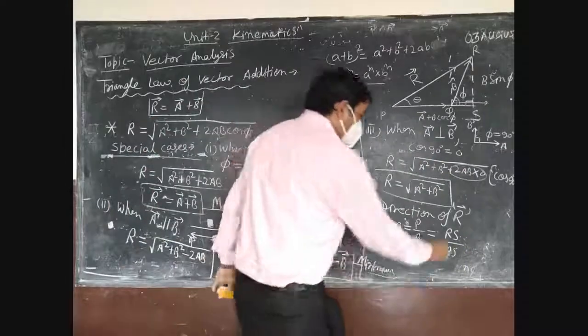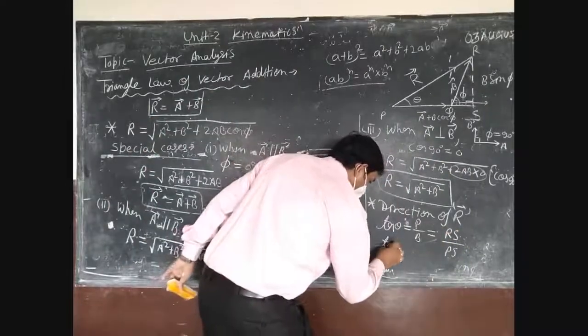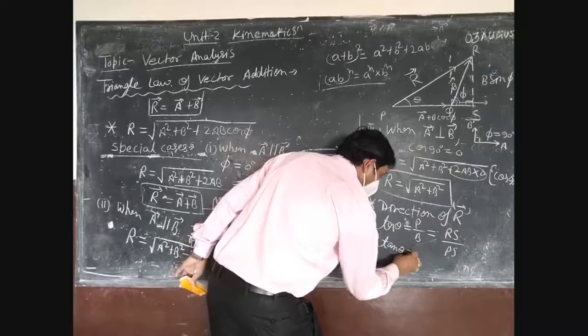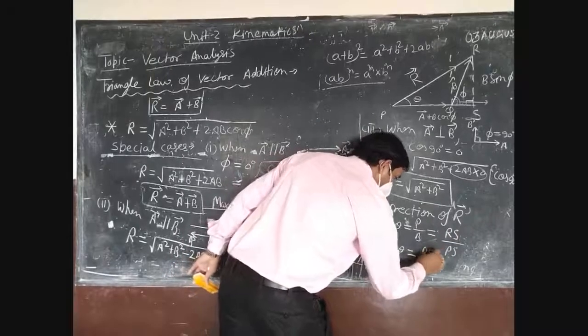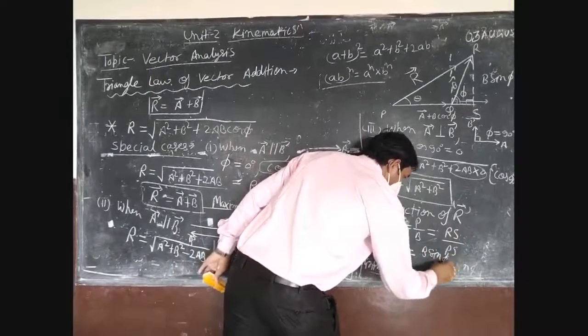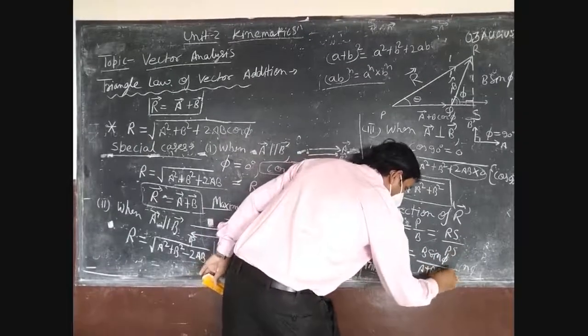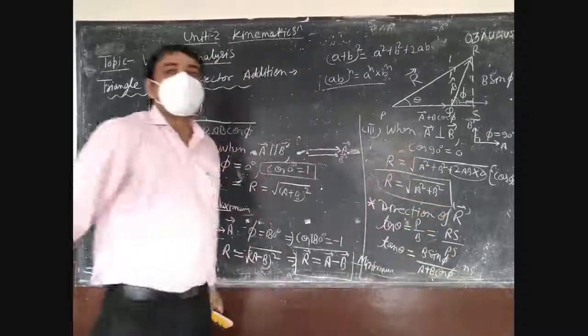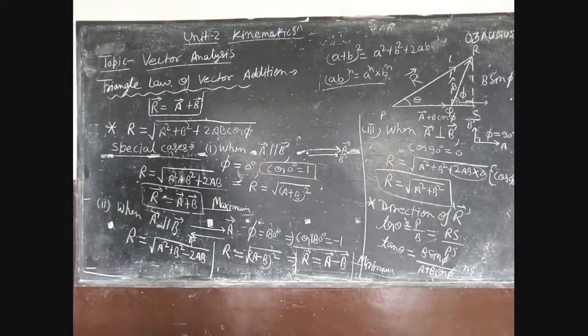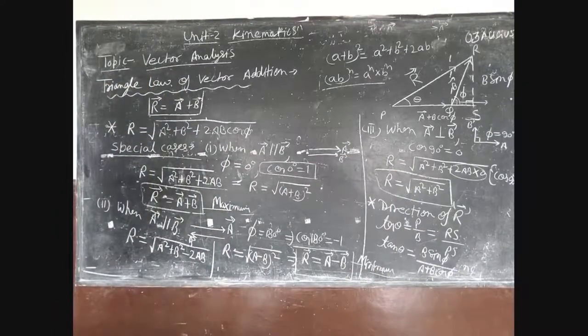So tan theta is equal to b sin phi upon a plus b cos phi. Clear? This is the direction of the resultant vector acting along the side of the triangle. Just note it.